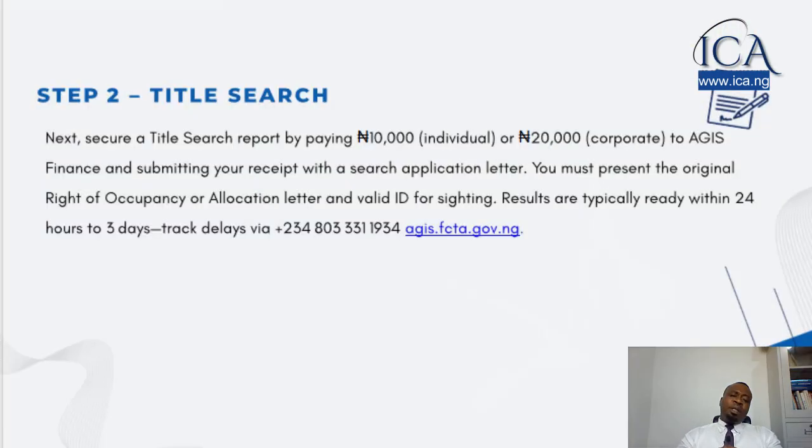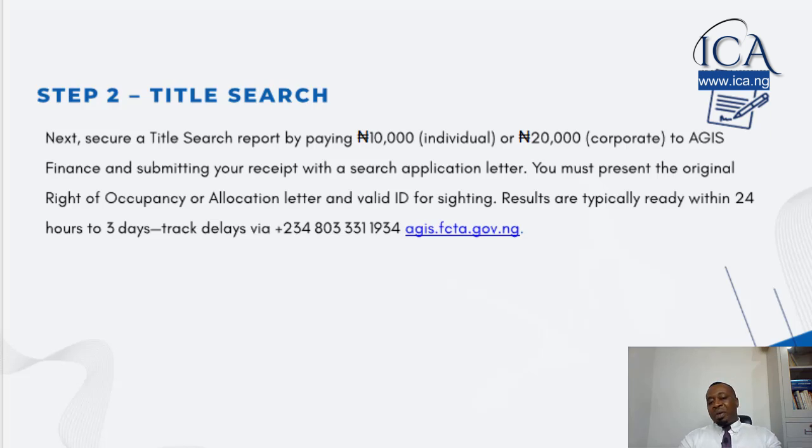Let's now move to the next stage, which is the title search. You will have to secure a title search report by paying the sum of 10,000 naira for an individual, and 20,000 naira for a corporate organization, to the AGIS Finance, and submitting your receipt with a search application letter.